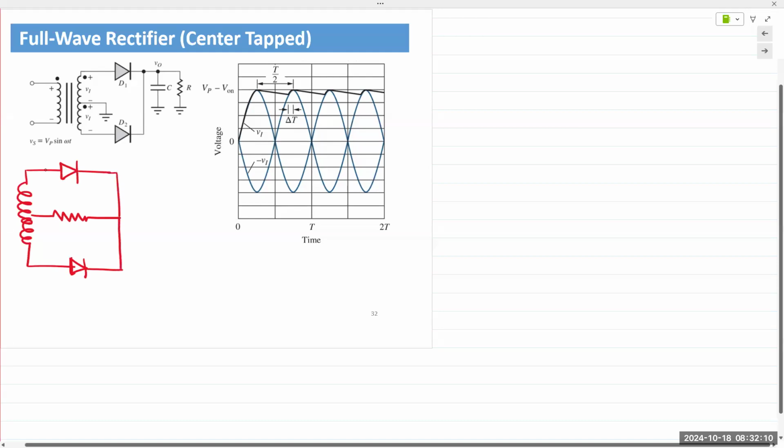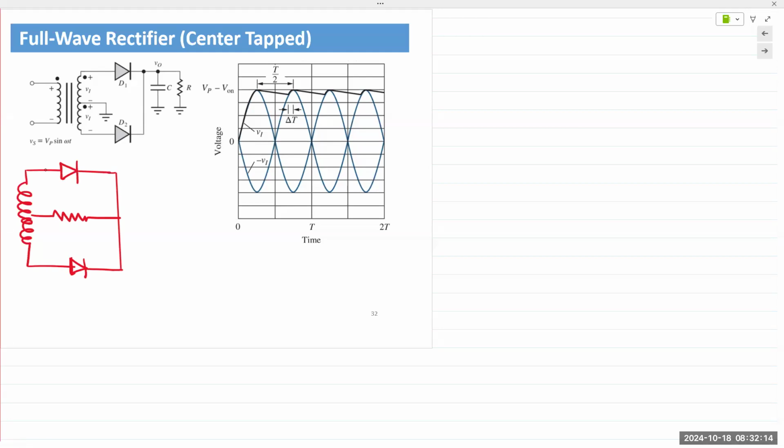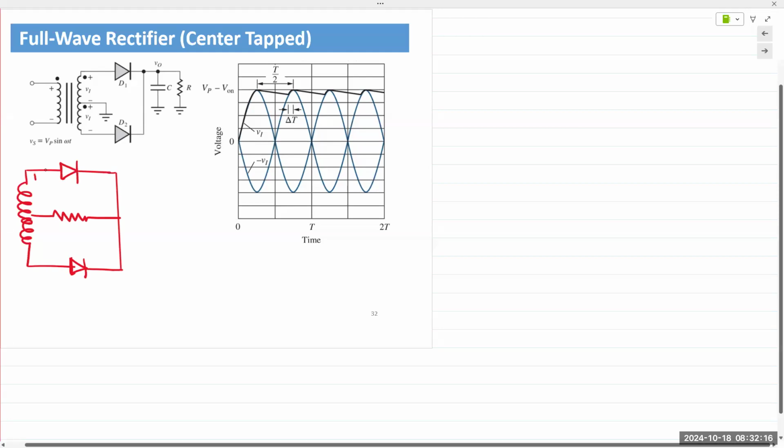And that's the secondary part. So when you tap into the transformer, it acts as two independent supplies for those two diodes. So you have D1 and you have D2, and that's your load resistor in the middle.